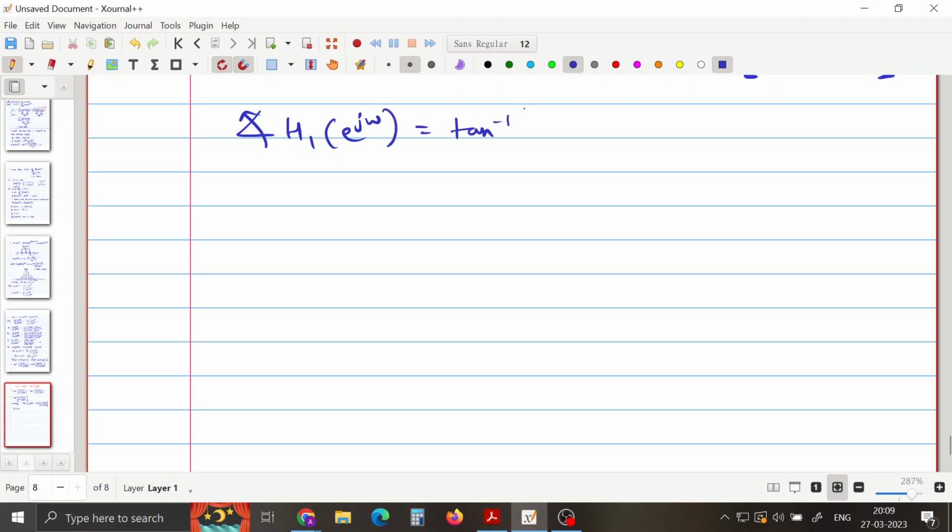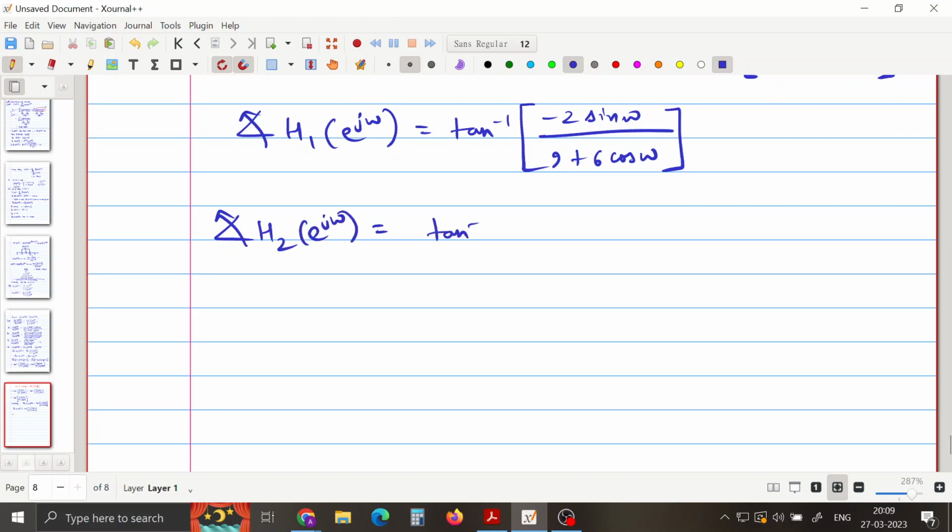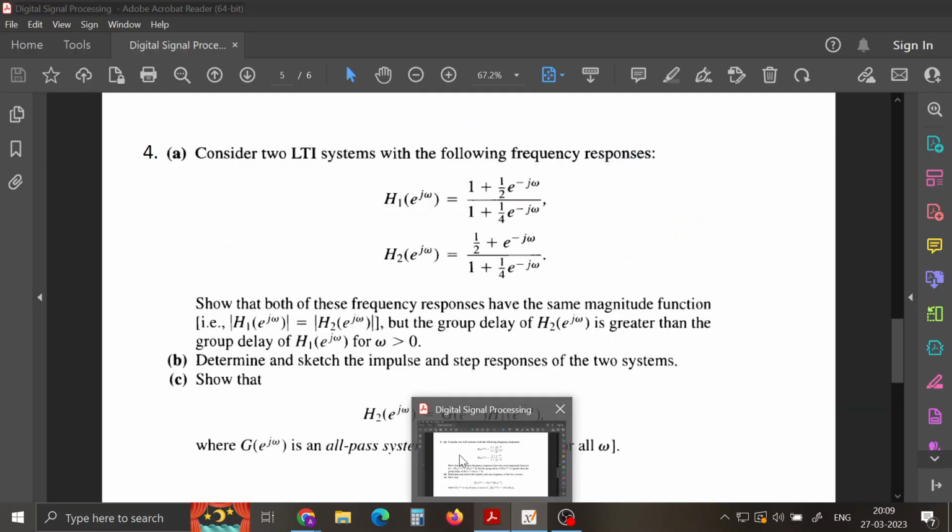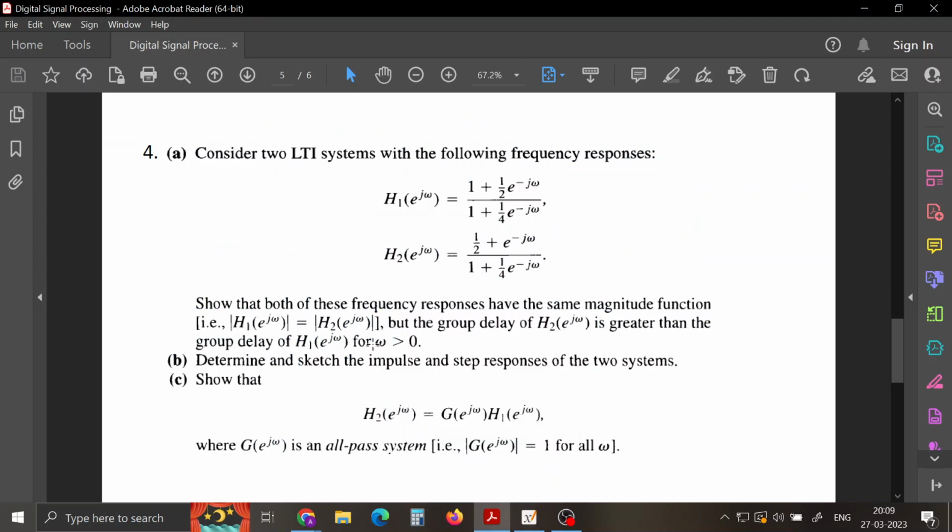So we obtained tan inverse of minus 2 sin omega by 9 plus 6 cos omega, and for the second system we got tan inverse of minus 7 sin omega by 6 plus 9 cos omega. And for the group delay part, we need to consider omega greater than 0.